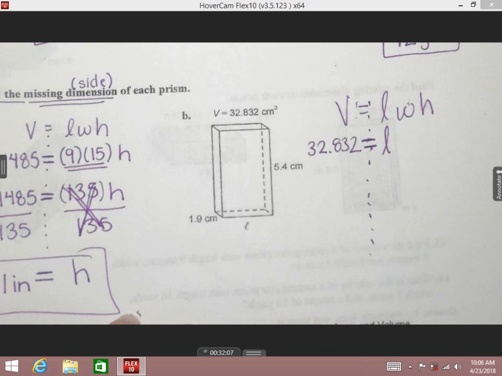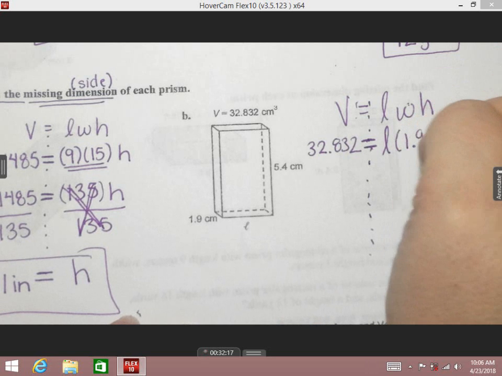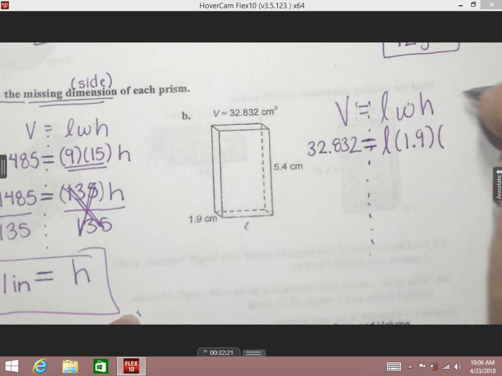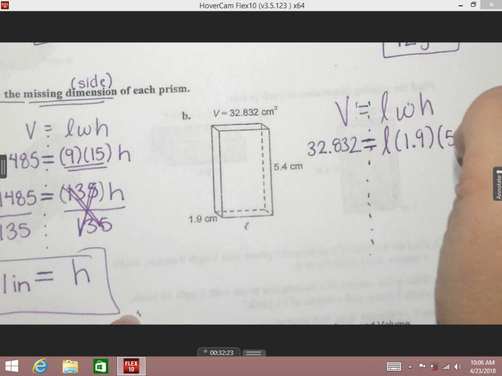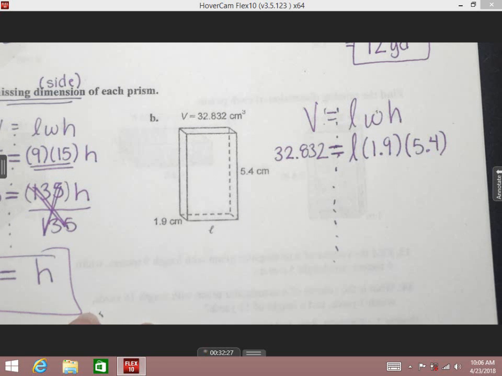So now, what is my width going to be? Anna Claire. 1.9 will work. And then what is my height going to be? Brian. 5.4. All right, what am I going to do first?